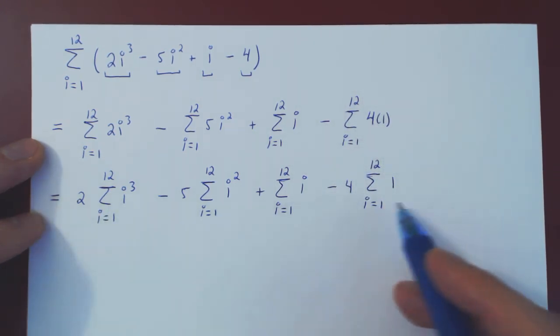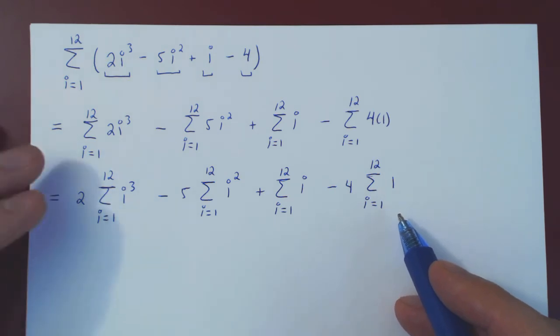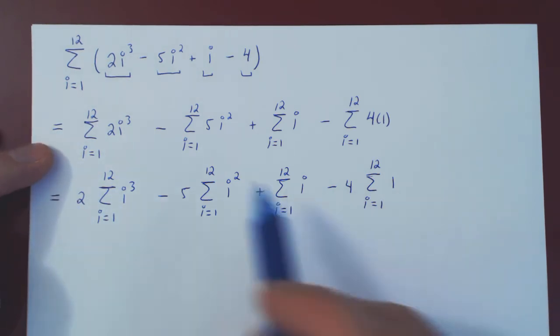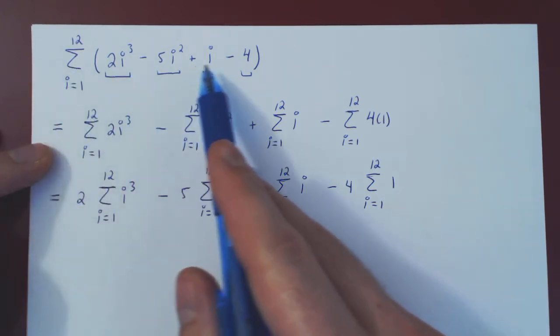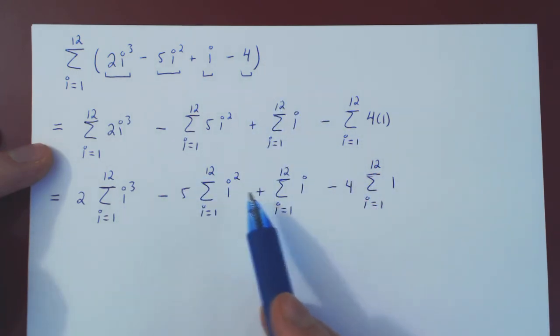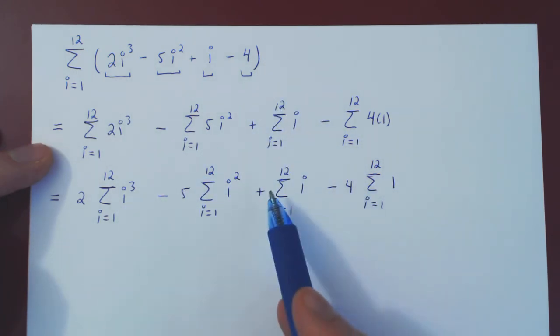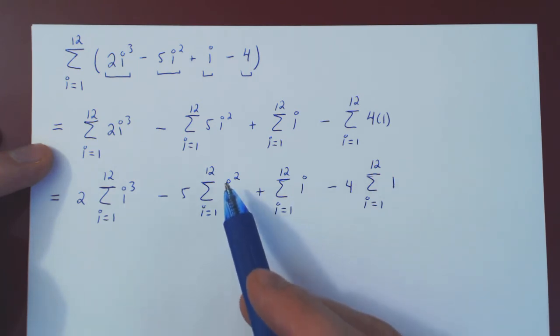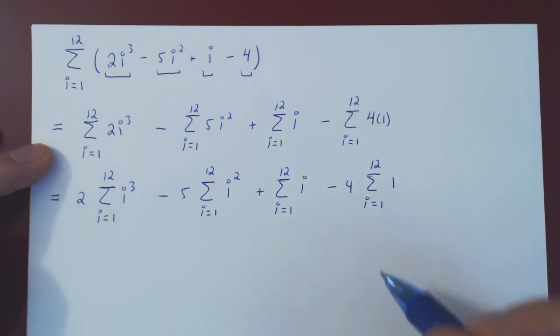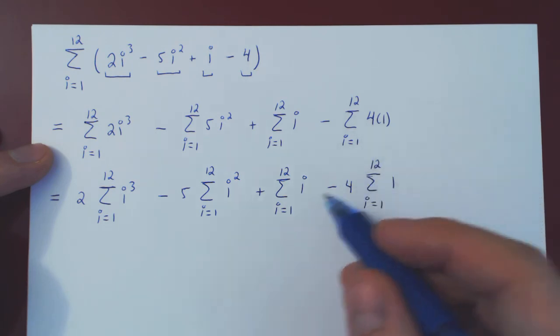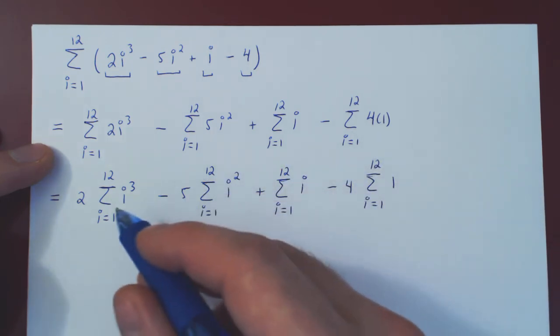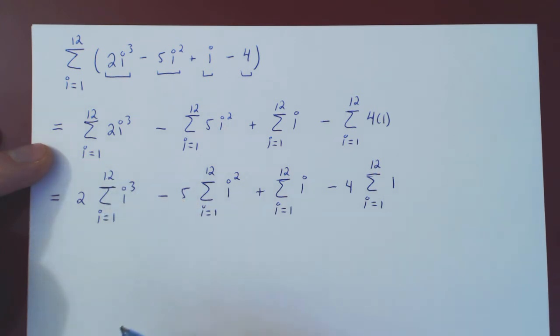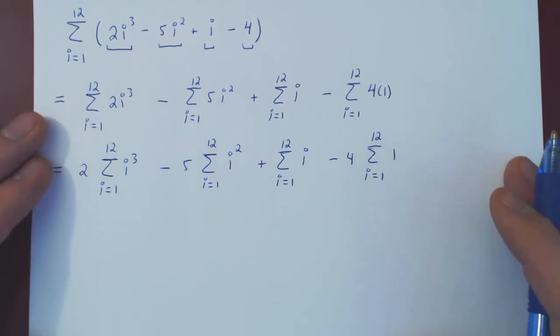And if you look, by applying the properties of sigma notation, we have decomposed this sum into 4 sums, and these are all our fundamental sums. The sum of 1, the sum of i, the sum of i squared, the sum of i cubed. So we can now evaluate each sum not by brute force, adding up the 12 terms, but by instead using these shortcut formulas.